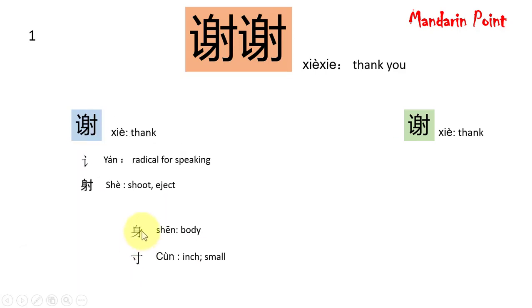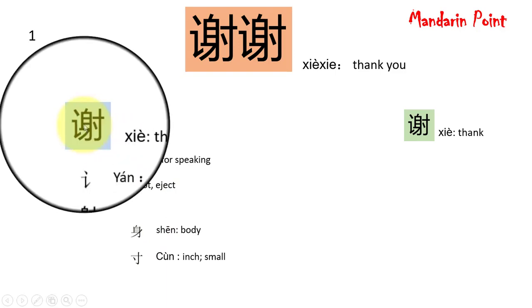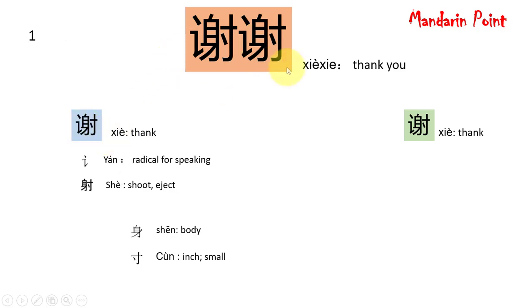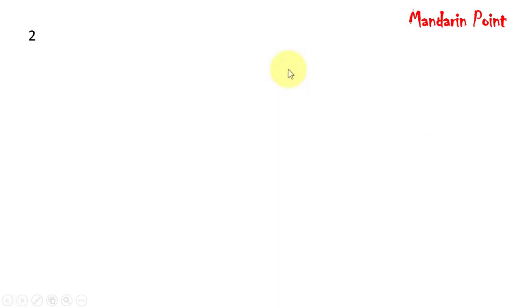Both of these characters are simple enough to derive directly from basic strokes. We are not going to do that because you can do it by yourself. So this xie is composed of this son, shen, and this radical for speaking. So this xie means thank you.